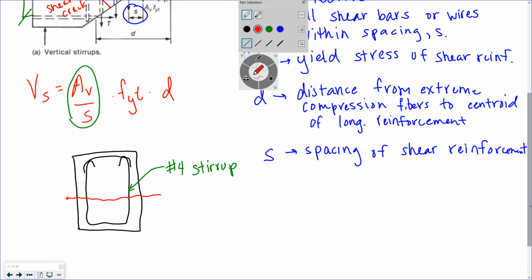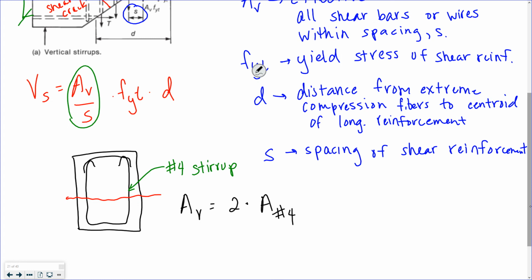The area of shear resistance is A_v equals 2 times the area of a number 4. So 2 times 0.2 inches squared.